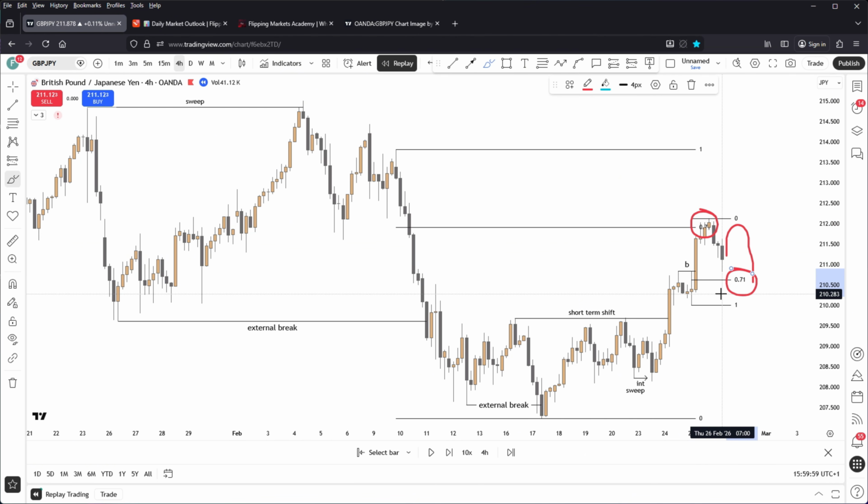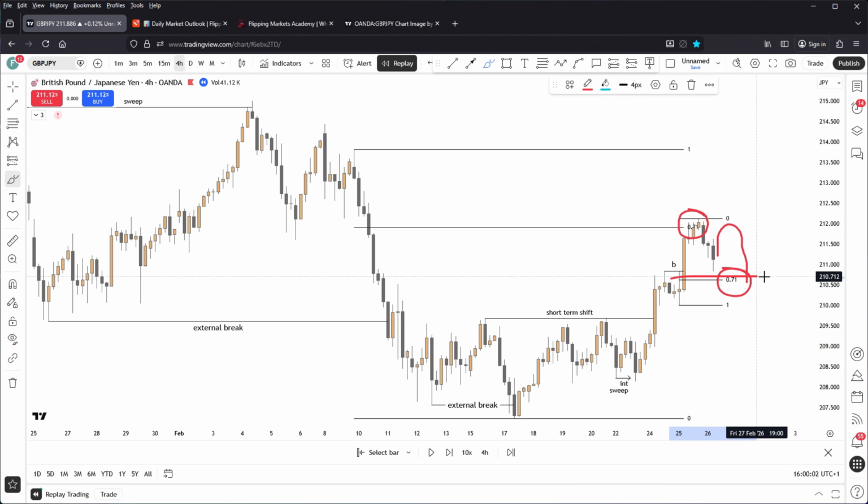The reason we target out the shorts on this level is that we give the trade an opportunity to play out, and we give the opposing trading level on the higher time frame an opportunity to reverse price action back into its direction. Once the 71 golden level on the 4-hour time frame is mitigated, just like this one, we switch down to the 15-minute time frame and apply our confirmation entry models.